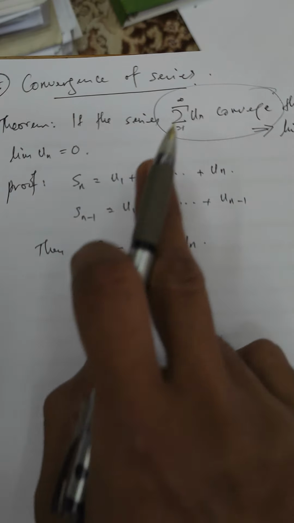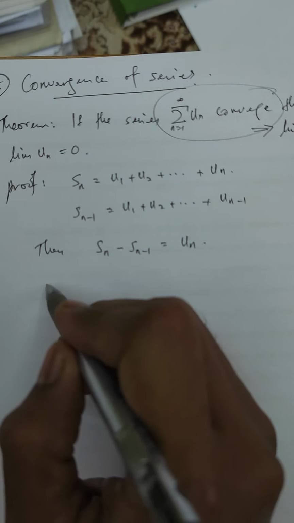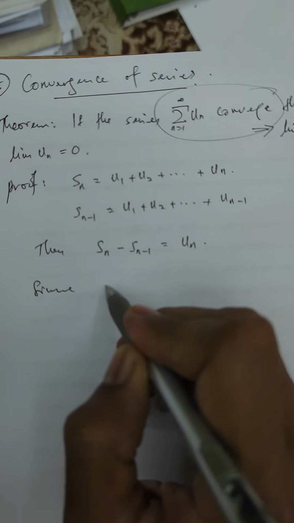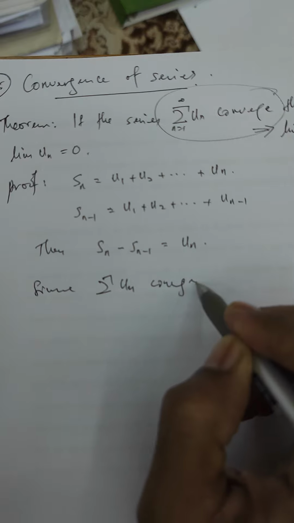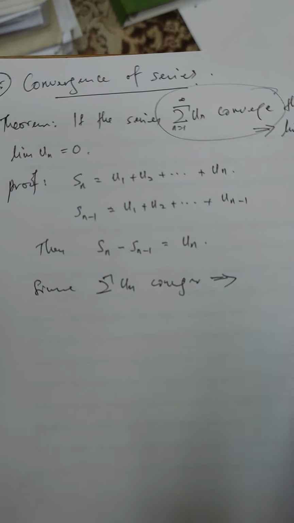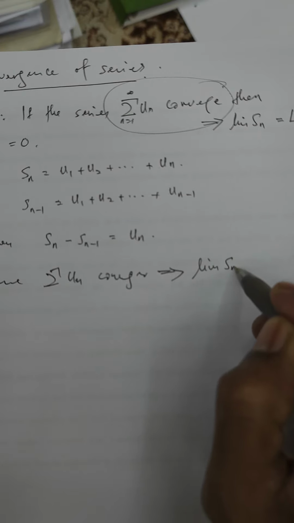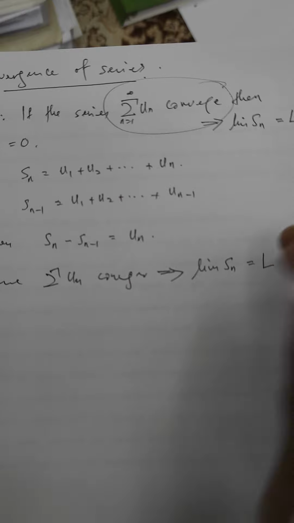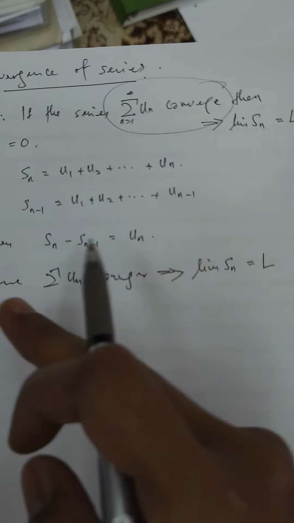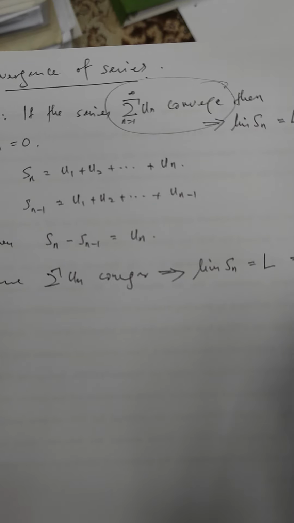Since the series Σ un converges, which in the last lecture meant that the limit of Sn gives some value, let's say L, the limit of Sn is equal to L. Using n minus 1 gives no difference, so this is also true for the limit as n goes to infinity of Sn minus 1.